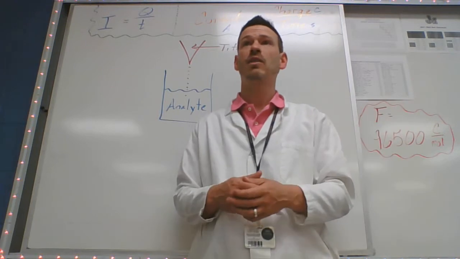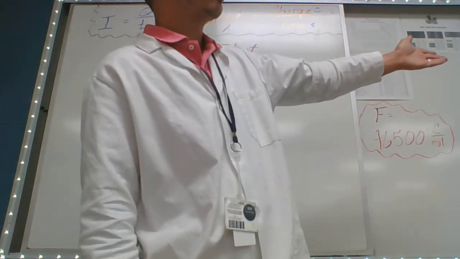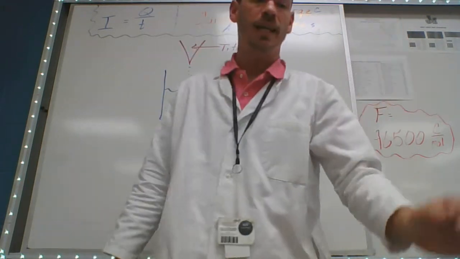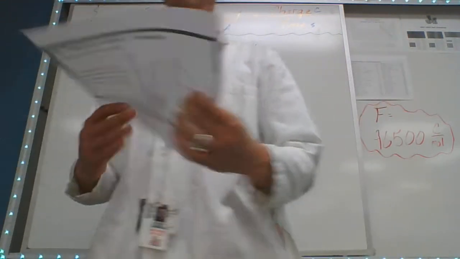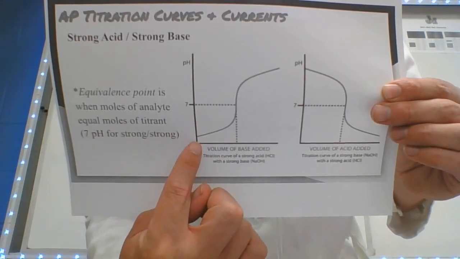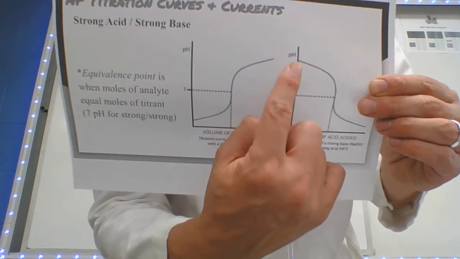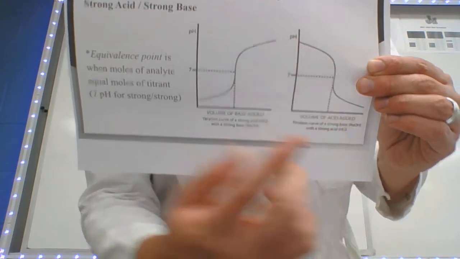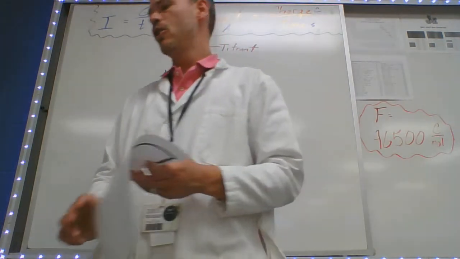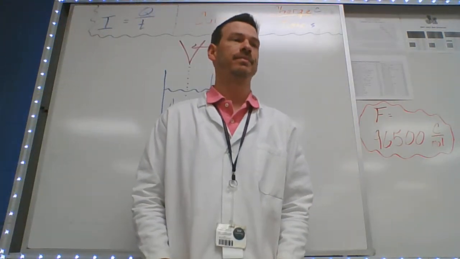It just gives you one of these graphs and wants to know the general identity of the analyte. Those are the 4 choices. So here it looks like the first graph is a strong acid because it starts way down below 7, and the second graph is a strong base because it starts way above 7. That would be the first idea that I'd like you to know.